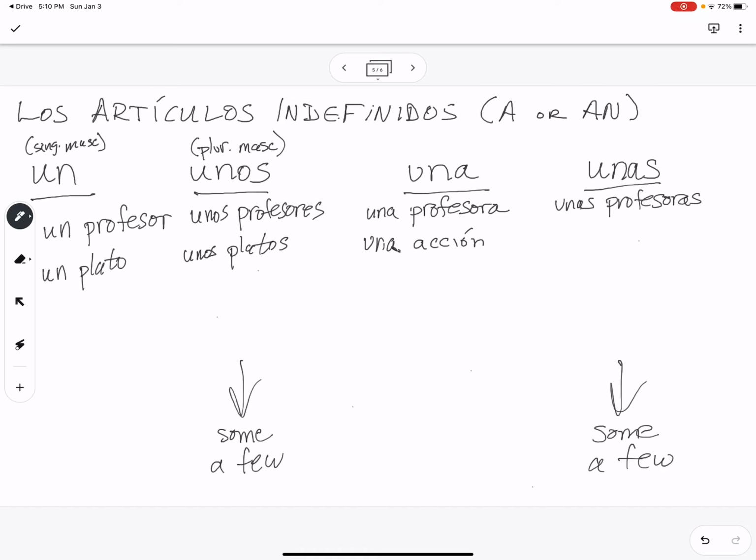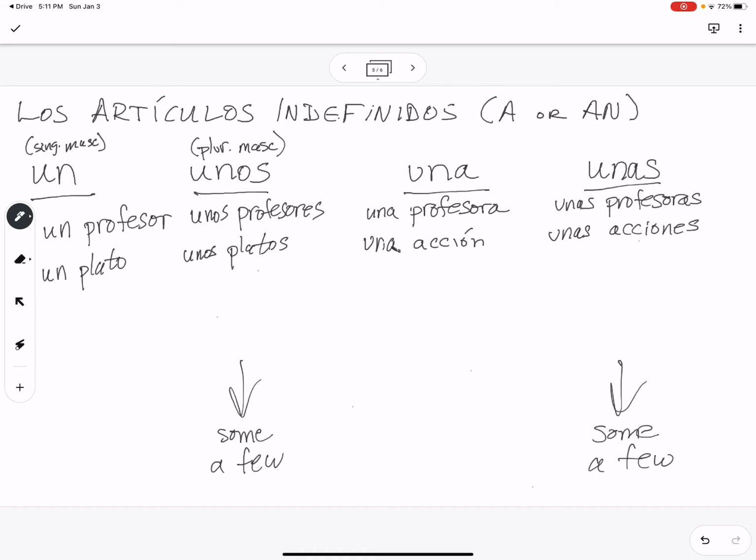Again, I saw some teachers that happened to be women. I saw a few teachers. Again, it's indefinite. We don't know how many, but it was definitely more than one. Una acción. Unas acciones. Some actions or a few actions.